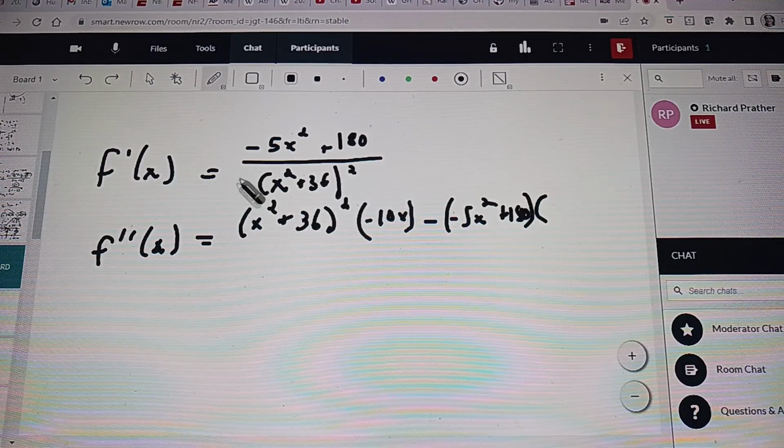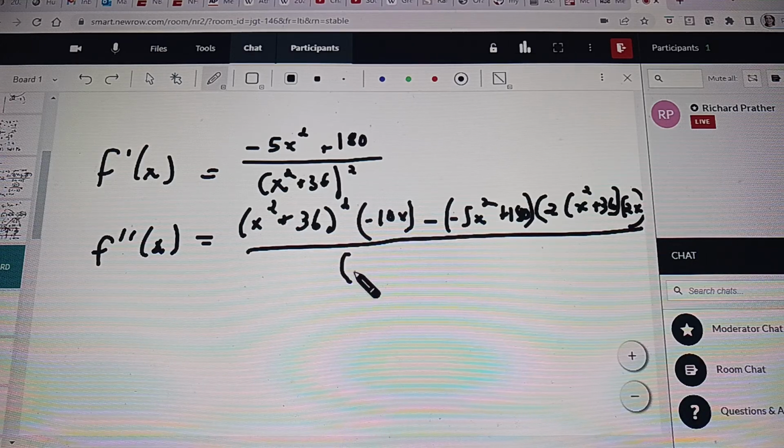You do your 2 times 1, which is 2, rewrite the base, decrease the exponent by 1, which would make it a 1, but then you'd also have to multiply by the derivative of the inside, which is 2x. All over the second squared, which would actually make it go from second power to fourth power.